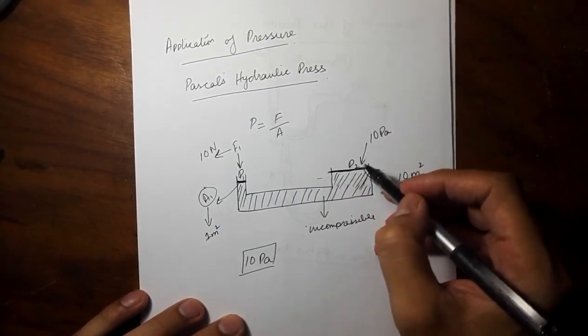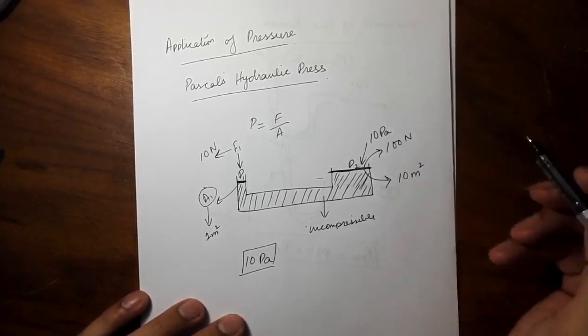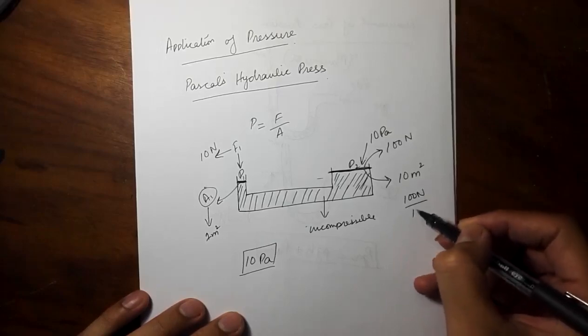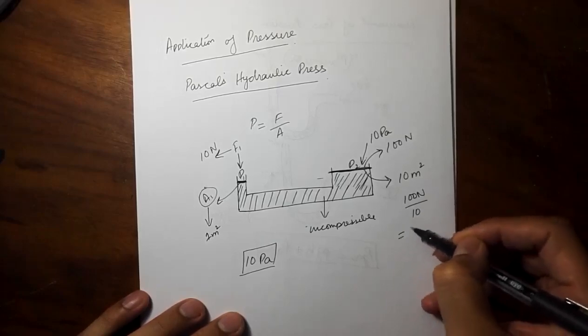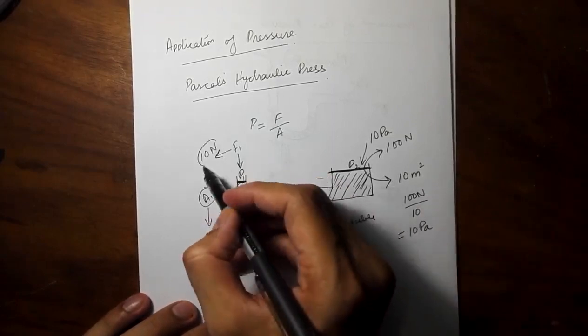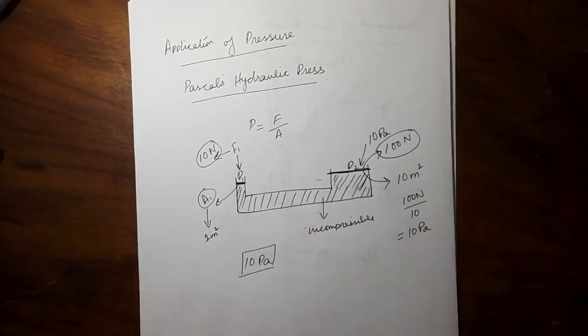Now what will be the force over here? The force will be 100 Newton, and the pressure will be 100 Newton over 10, it will be 10 Pascal. So you see, the force has been increased 10 times just by increasing the area. This is basically the principle of Pascal's hydraulic press, that you can increase the force by increasing the area and the pressure will remain constant.